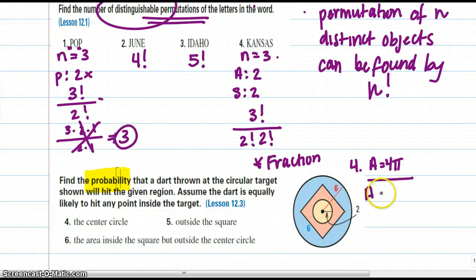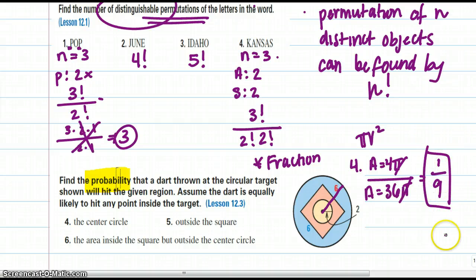So the area is 36 pi, because here my radius is 6, and I have pi r squared for the area of a circle. So that tells me 1 over 9, right? Pi's cancel. 4 divided by 36 is 1/9. You can leave that as a fraction, or you can put it into a decimal, whatever you would like.